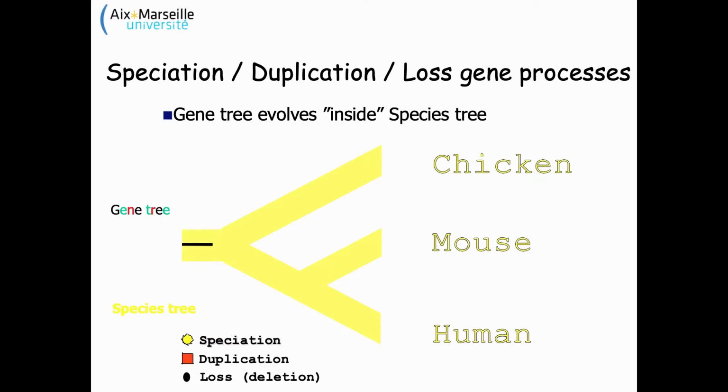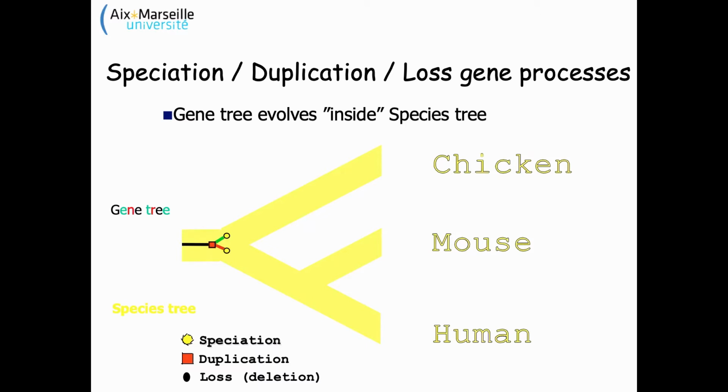It's only to show you how it's going. In yellow, you have the species tree. And then during the evolution, you see what happened here at this point of time. A duplication happened. It means you have 2 copies of the same gene.